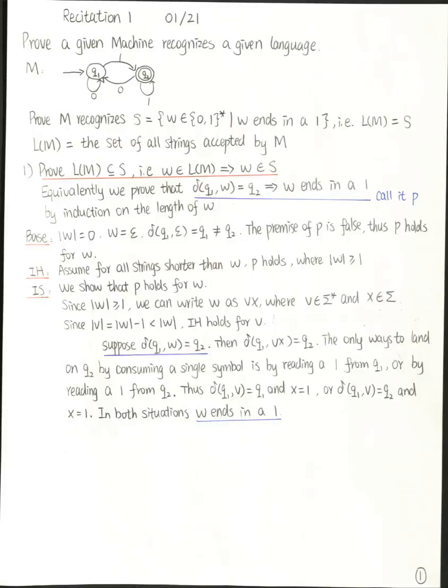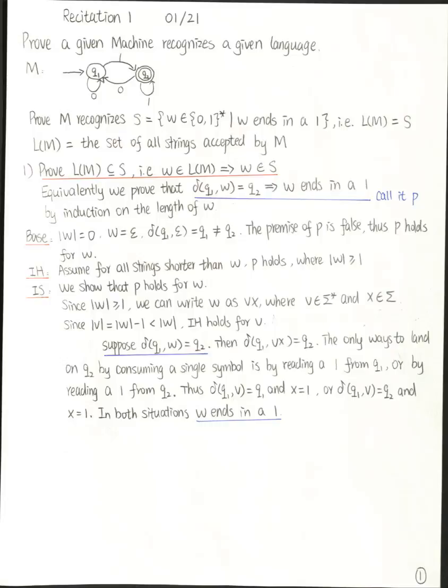So the base case will be the smallest length of W, which is 0. So when the length of W is 0, W equals empty string. So we check, is this empty string going to end in this Q2? Is my premise true or false?